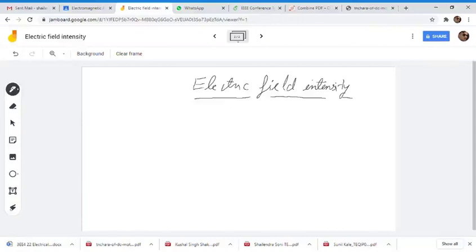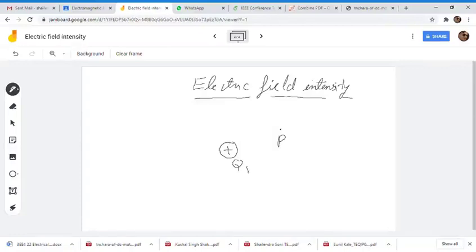Just how we define a force, there should be two charges to define a force. So let us take a source charge, the charge whose field we need to determine. Let's say this is the position at which we need to define the field of this charge q1.